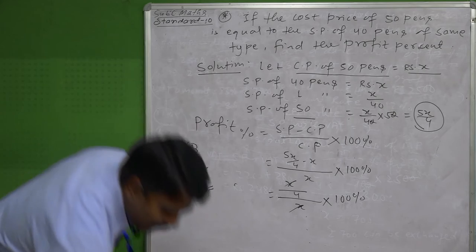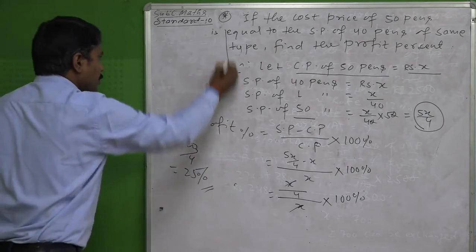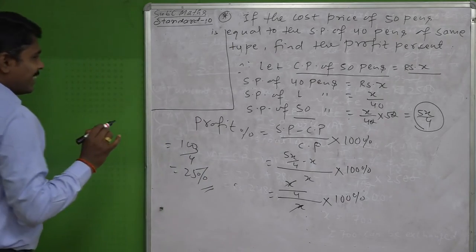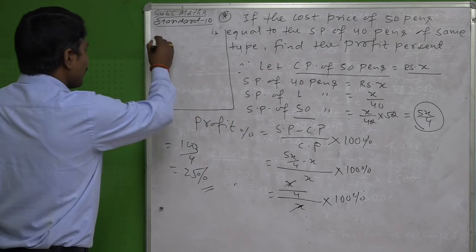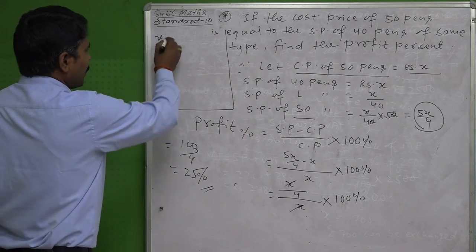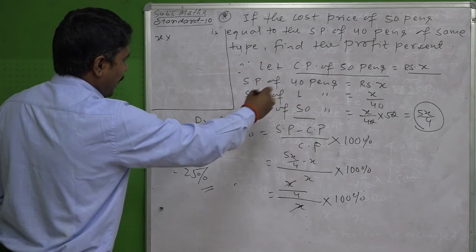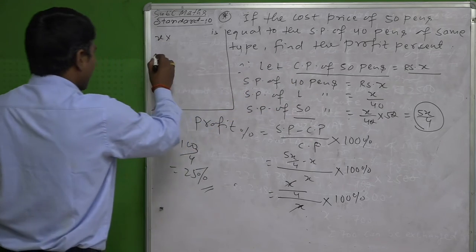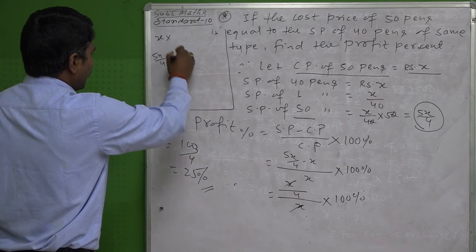Suppose by that way I am giving you, you can solve it in this space also, okay. CP is X, you are supposing. Profit is there, how much profit is there? And SP of 50 pens is 5X by 4, so what am I going to find?